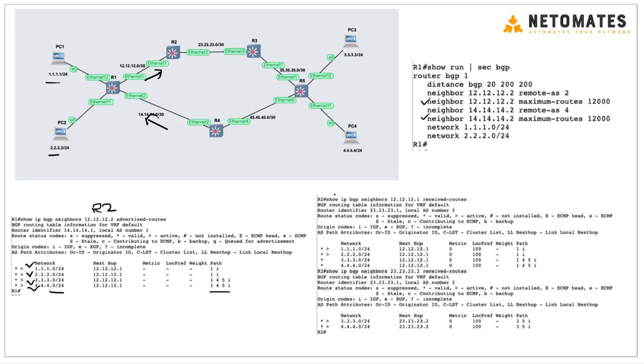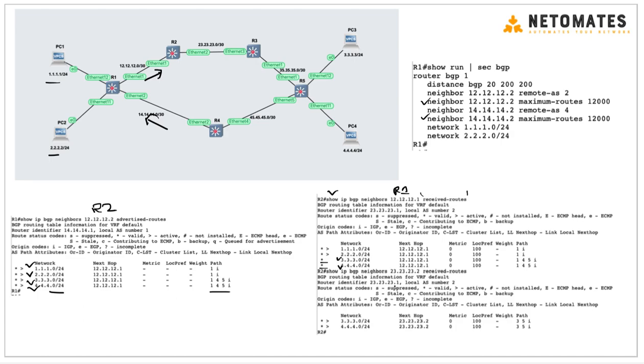So let's see on R2 what happens. On R2, I'm issuing the command show IP BGP neighbor, and the neighbor here is R1, asking what routes you are receiving from R1. It is receiving 3 and 4, but if you see, they are not the active routes. They are valid but not active routes.